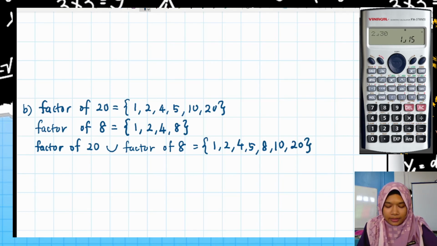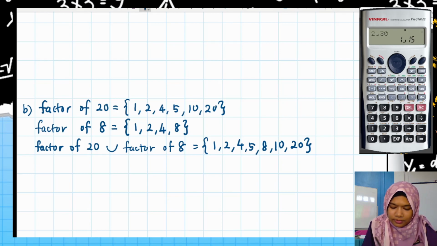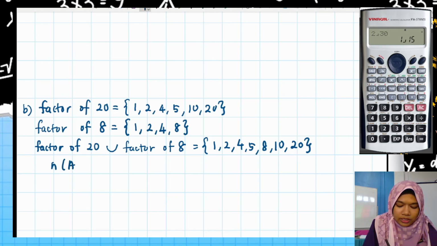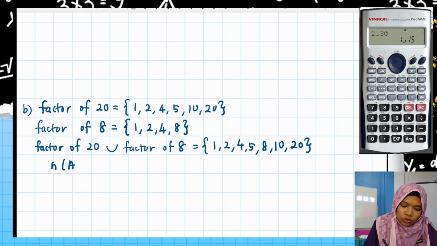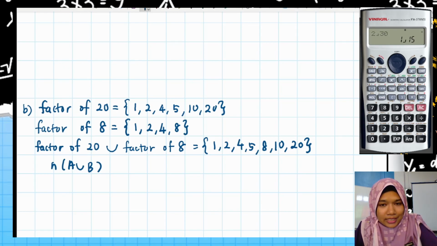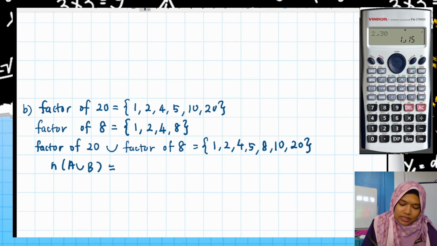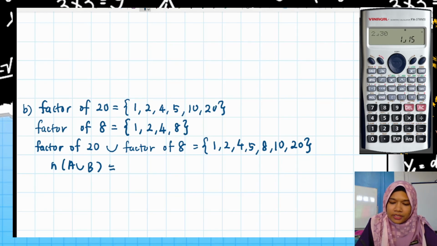So, how many elements? For example, here I write as n(A), or here n(A union B). Kalau kita letakkan factor of 20 as set A and factor of 8 is set B, so n(A union B) is, ada berapa elements?